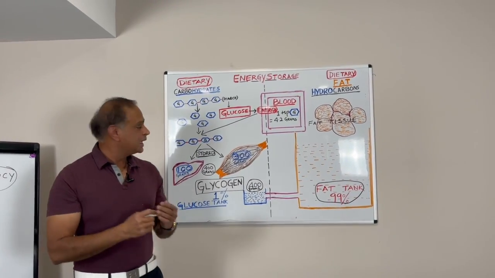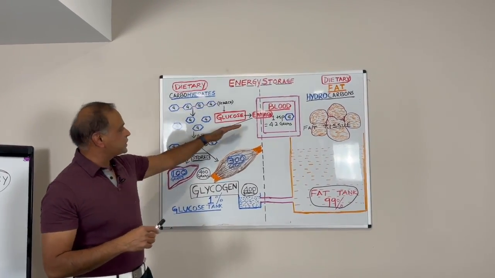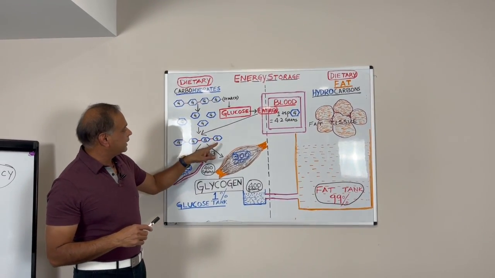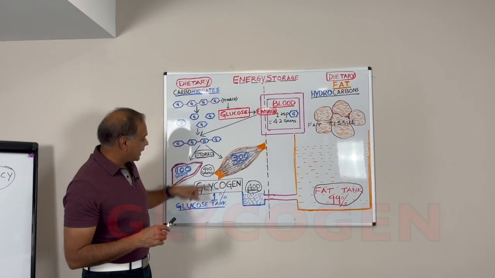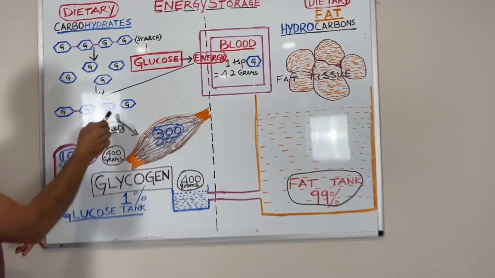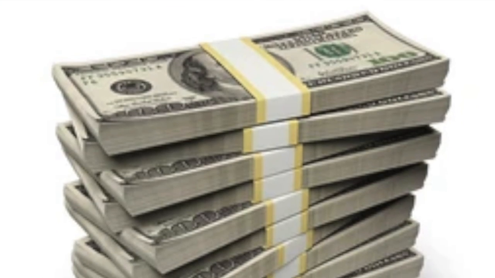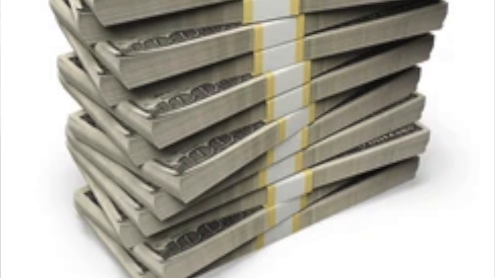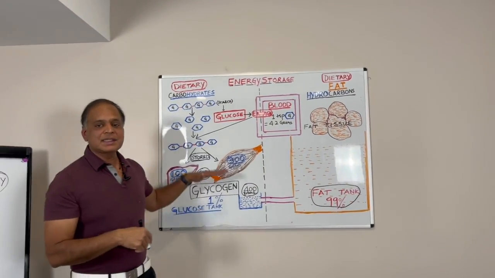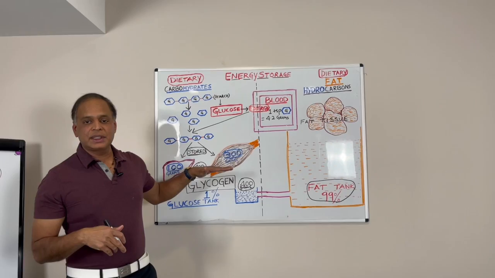This is the first storage form: energy stored as glycogen. Glycogen is again chains of glucose put together. You can imagine this as currency or money put in our pockets. This is the ready cash, or energy, that we use.